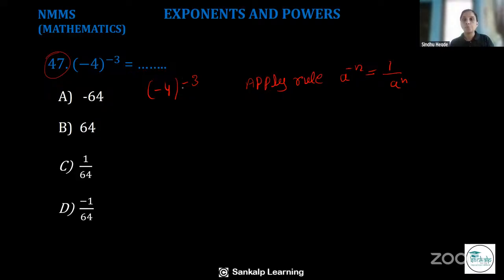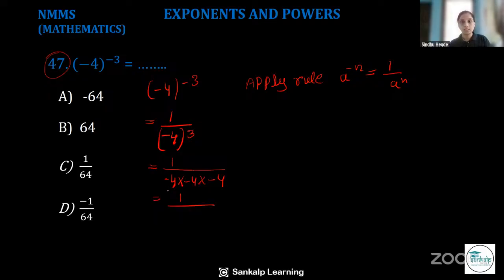In the place of minus n, minus 3 is there. So this becomes 1 divided by (minus 4) whole to the power plus 3. Then (minus 4) raised to 3 is nothing but minus 4 multiplied 3 times: minus 4 into minus 4 into minus 4.